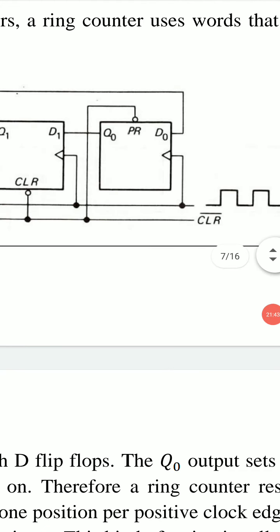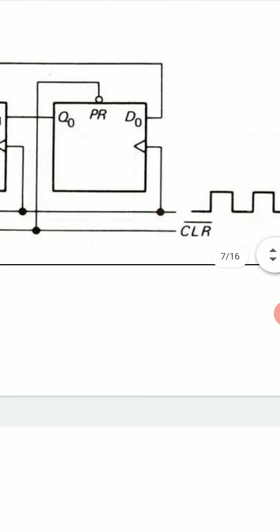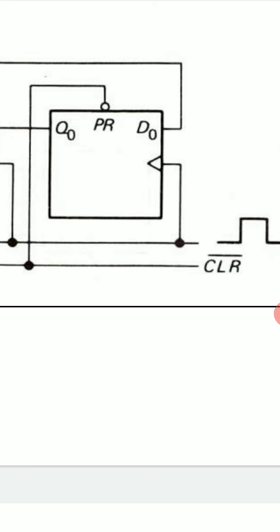In the LSB flip-flop, least significant bit flip-flop, this CLR bar is connected to PR. PR is preset, and the bubble shown with this PR shows that it is low active. So when CLR bar is low, it will activate this PR preset, and the function of this preset is to make Q0 1.